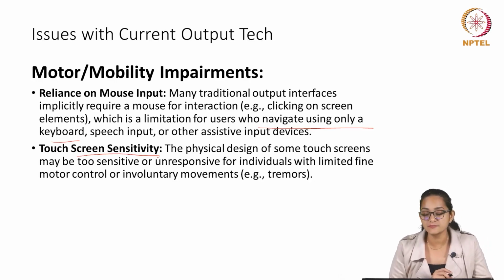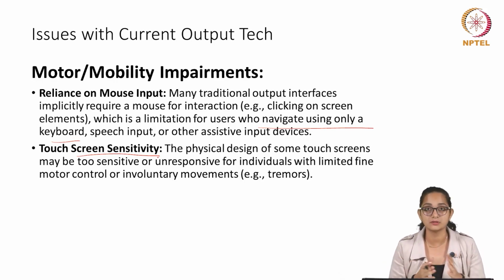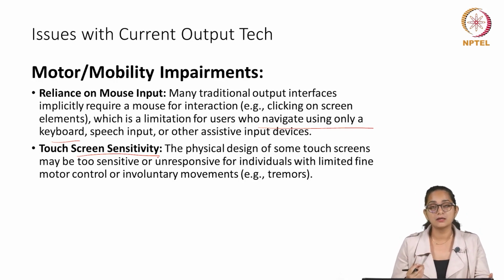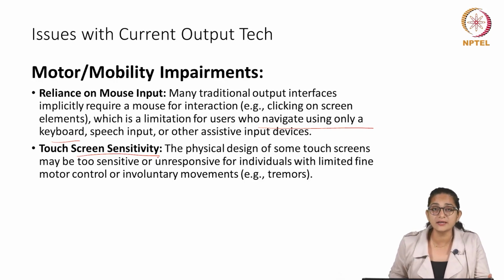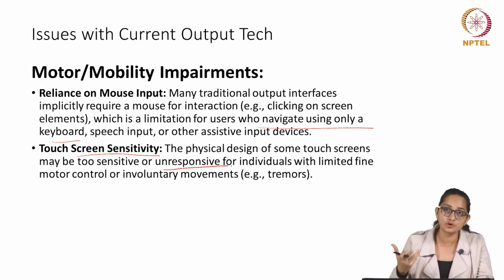Touchscreen sensitivity. So, the physical design, the technical specification of some touch screens may be too sensitive or very unresponsive for individuals with limited fine motor control or involuntary movements like tremors, etc. If it is too sensitive and the person has a tendency to have tremors, there may be multiple clicks which are unintended, while on the other hand, if the screen is too unresponsive, people are trying to press the button but it is not pressing.